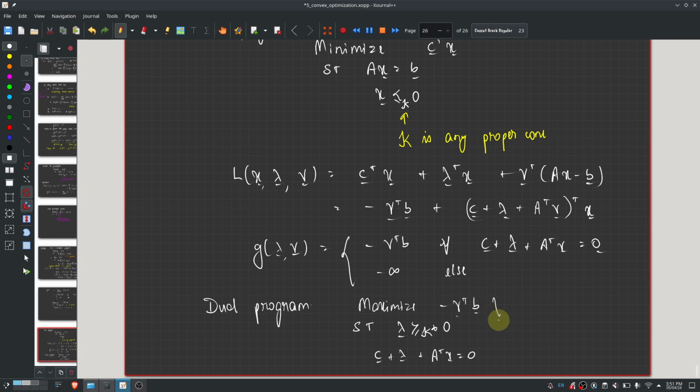You can simplify this a little bit, the same as saying maximize minus nu transpose B. I can rearrange this to have lambda is equal to A transpose nu plus C, or minus A transpose nu minus C, right? And lambda should be greater than or equal to 0. So the same as saying minus A transpose nu minus C is greater than or equal to 0.